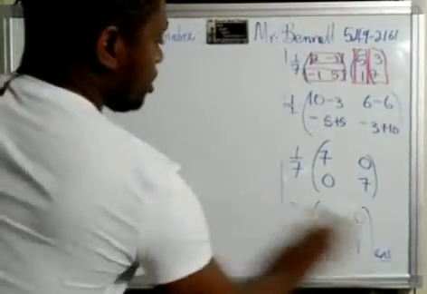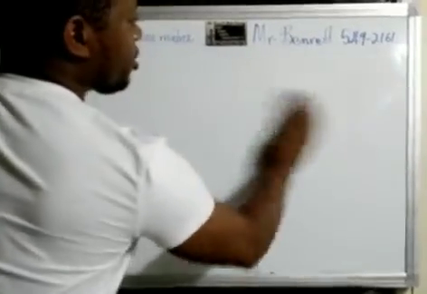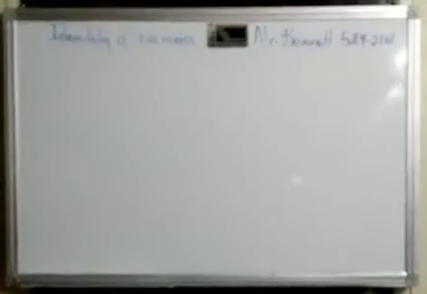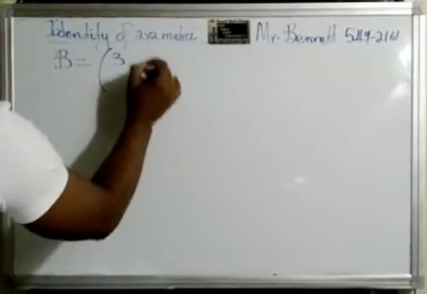So let us look at another one just for practice's sake, and you can actually make up one at home and tell me how it works out. Let us say B now. B is equal to 3, 5, 2, 7.